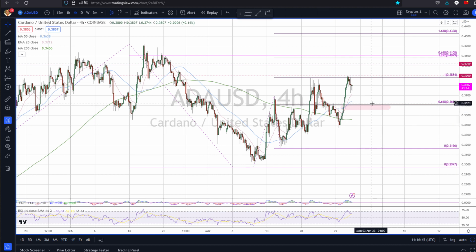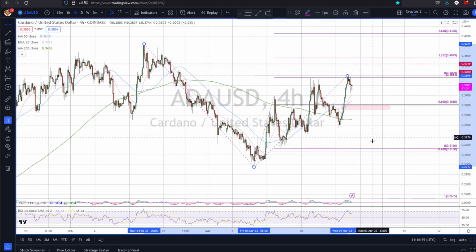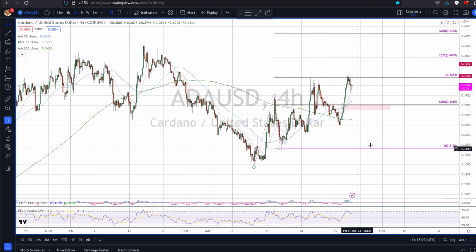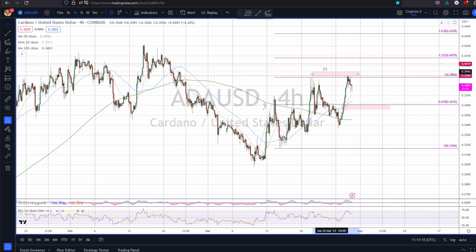If we close back underneath this level, it's likely that we're going to go 1, 2, 3 in a 3-wave corrective move. So for me, that would mean from here, remember, Elliott wave isn't my number one thing, gosh, all the way back down to these lows, maybe a 786, back down to 0.31. So important resistance, important support.